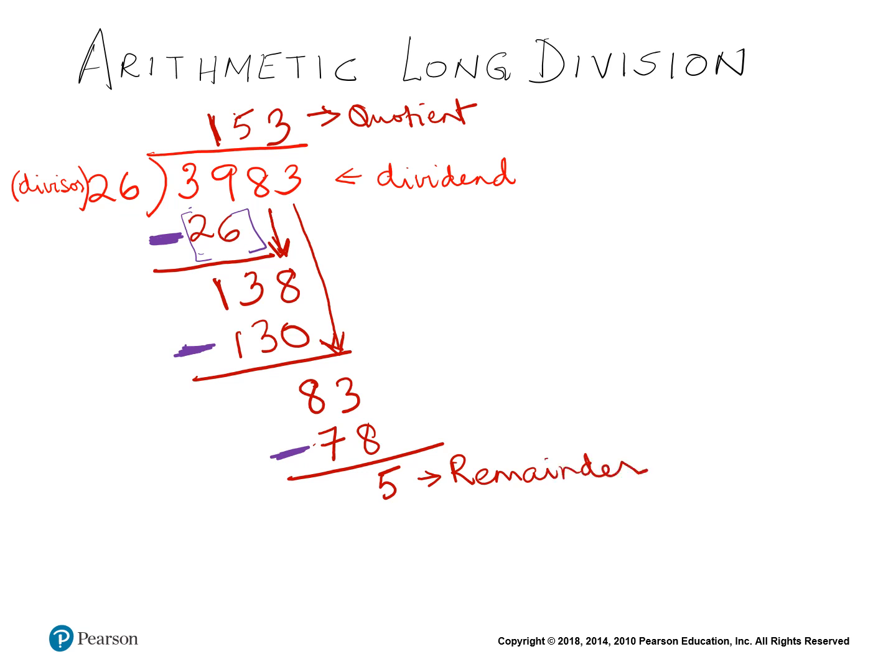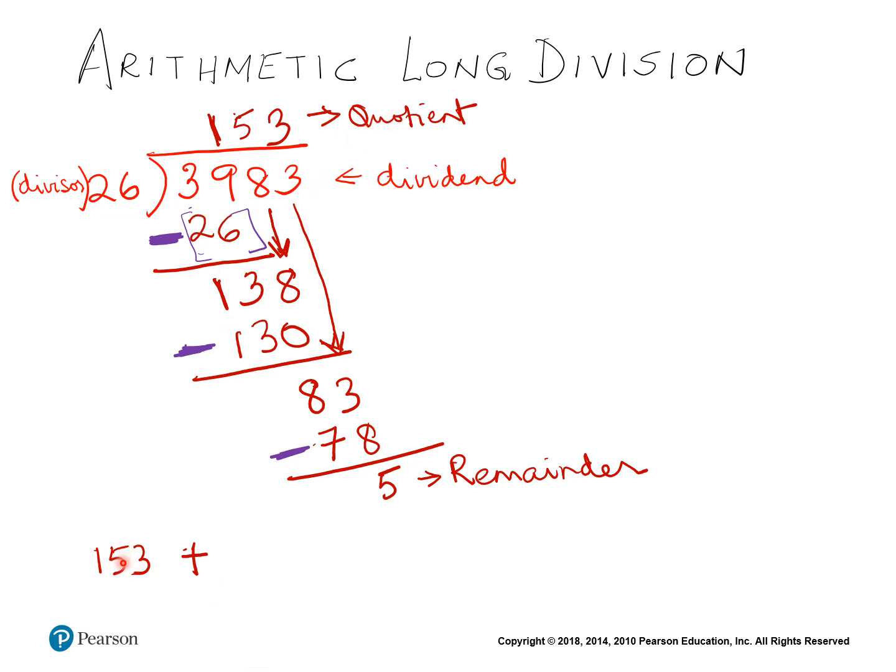And the proper way to write the long division answer is like this. You start with the quotient, which is 153, and then plus, all right, so it's 153, which is the quotient.